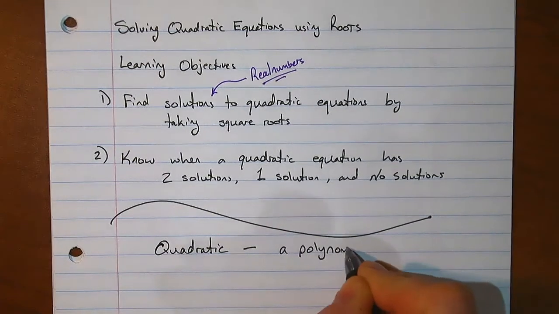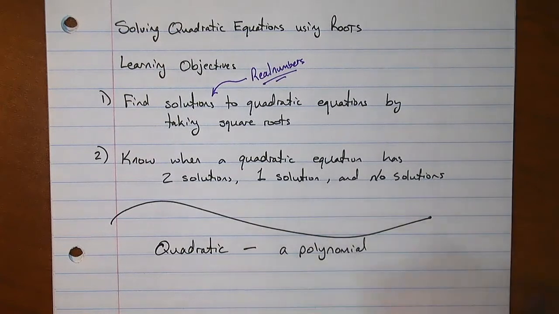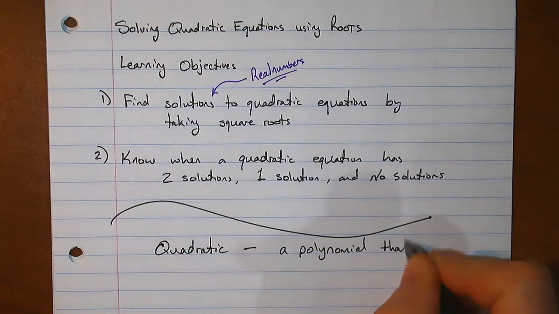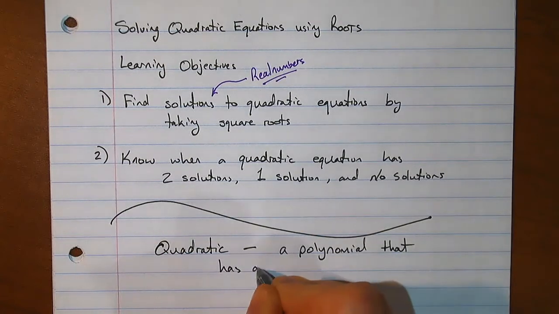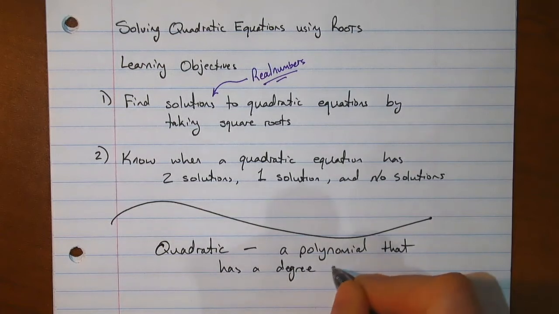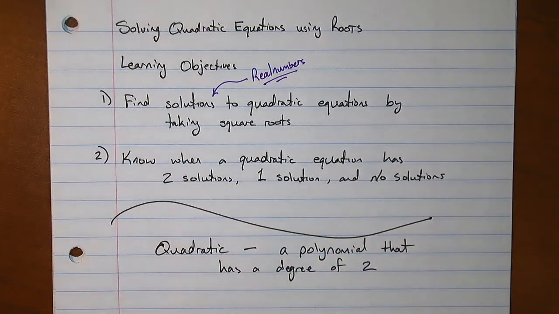And we just did polynomials a little while ago. But a quadratic is a polynomial that has a degree of 2. And remember, degree simply means the biggest exponent. So that means we're looking at an equation where the biggest exponent is a 2. That's what we're looking at. Okay, polynomial with a degree of 2.